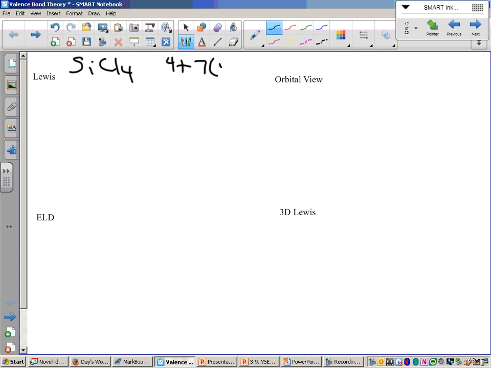4 plus 7 times 4. Because we're not sure whether we're going to have lone pairs on the central atom anymore, so we've got to draw it up. Make sure if we've got an expanded octet, we account for it. I do not want to see an orbital view. I do want to go from the Lewis to the 3D Lewis structure, and then ultimately I want the name of that geometry.